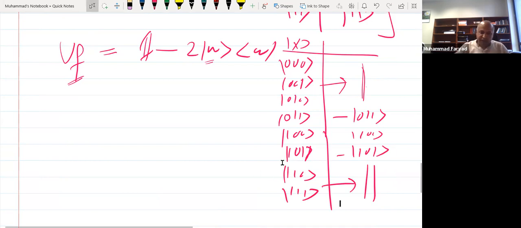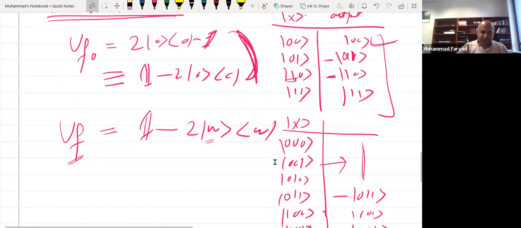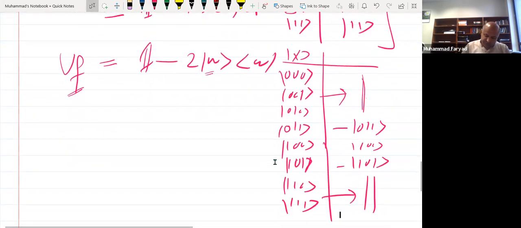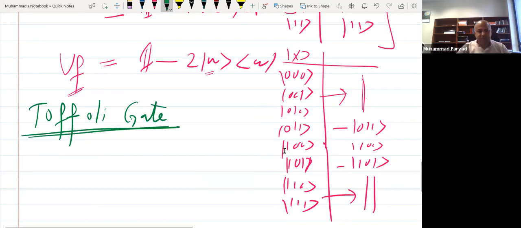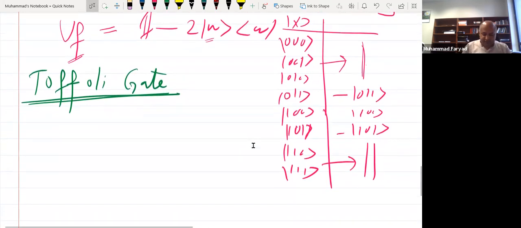To accomplish these things, let me introduce the Toffoli gate. The Toffoli gate is essentially a controlled-X gate.